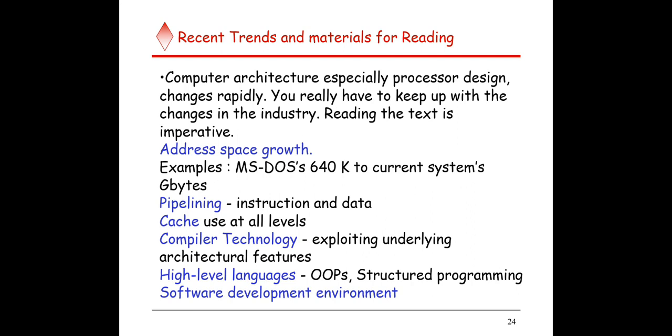In the initial stage, when we were using MS-DOS, 640K was the system's capacity. That was the capacity in the initial days, and now systems have gigabytes of memory. Even cache is used at all levels, and a lot of new programming languages have been developed, so the design of compilers is also becoming difficult.